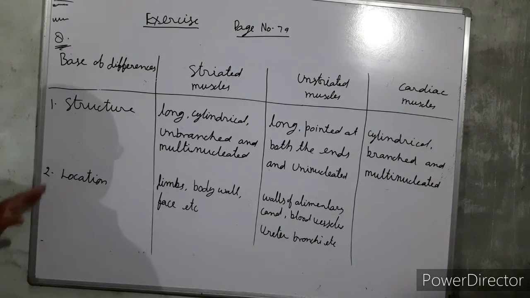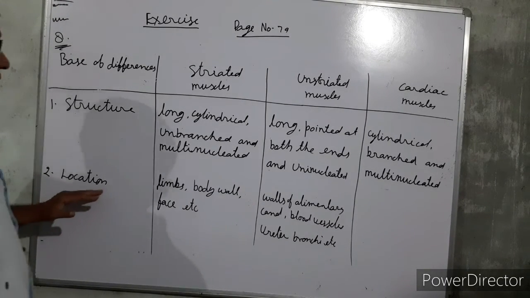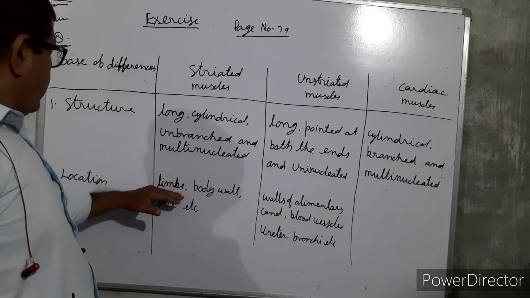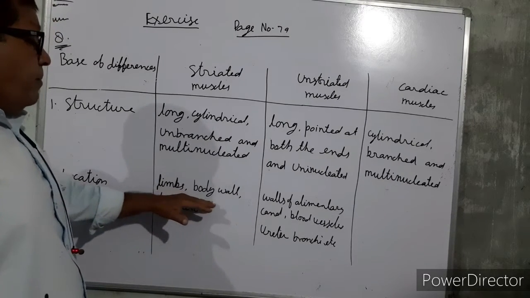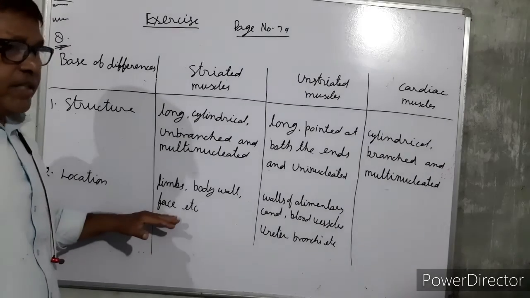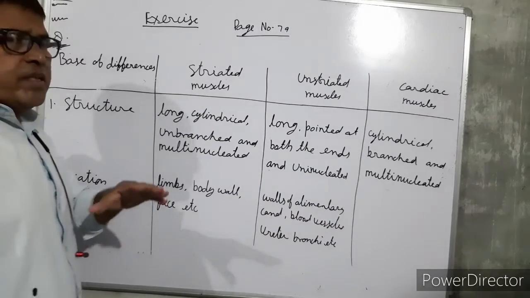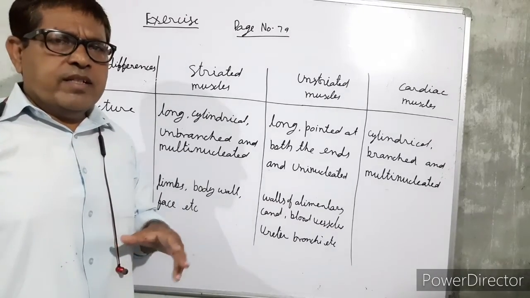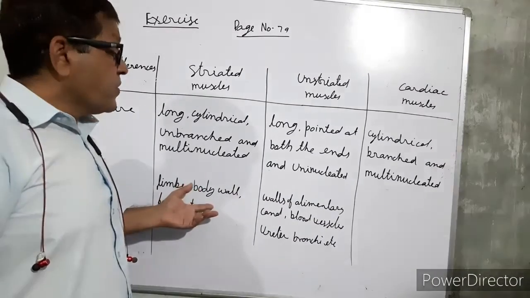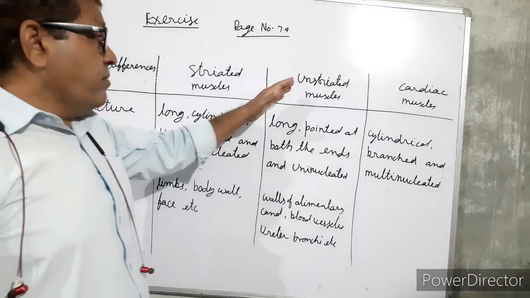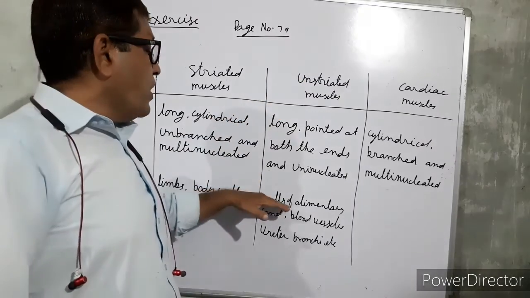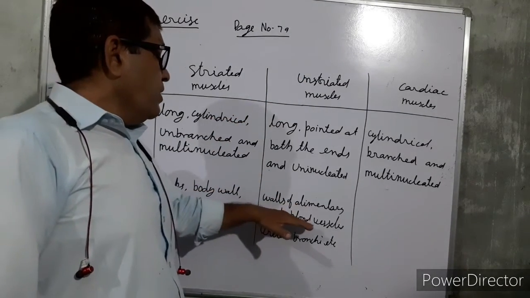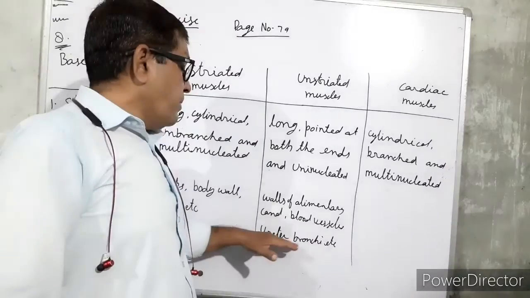Now see the location. Striated muscles are located in the limbs, body walls, face, etc. Limbs means they are attached to the bones. Unstriated muscles are in the walls of the alimentary canal, blood vessels, ureter, bronchi.